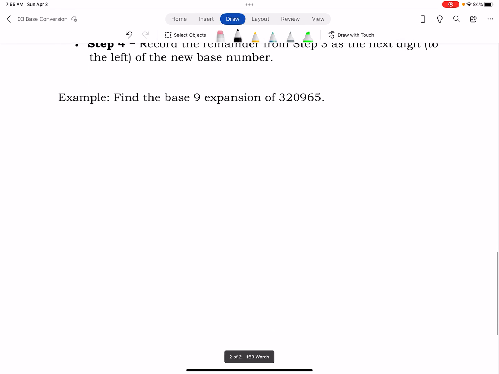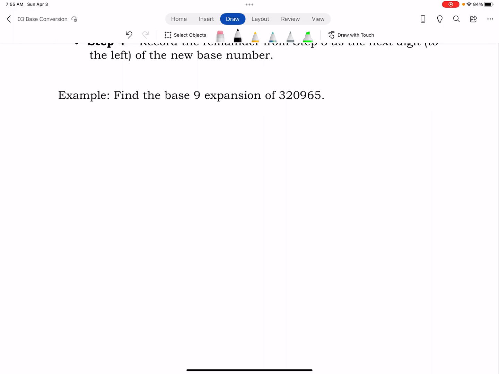So this says find the base 9 expansion of 320,965. This is in decimal here, so if we wanted to, we could write this as base 10. What we're going to do is divide 9 into 320,965. We can do it the long way, we'll do one the long way, and then we'll see how we can make it faster.